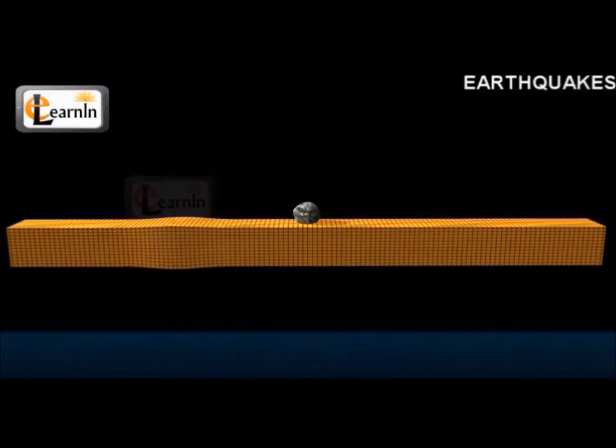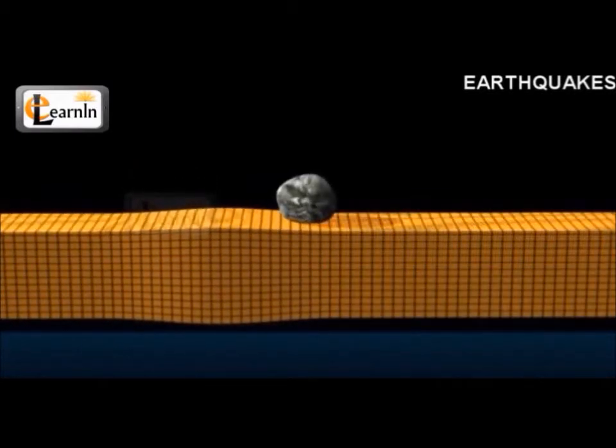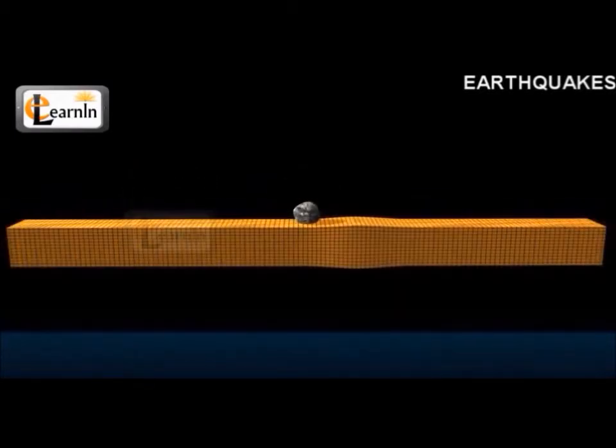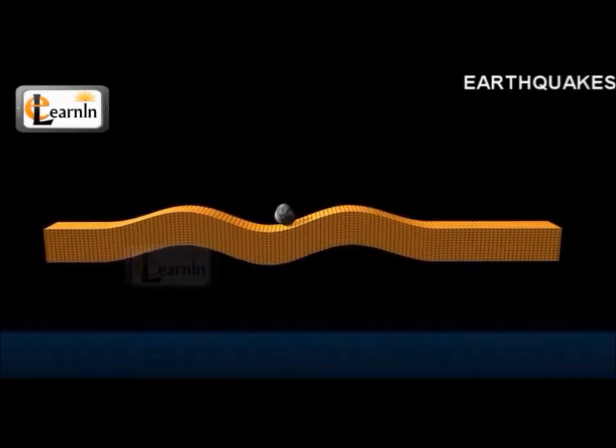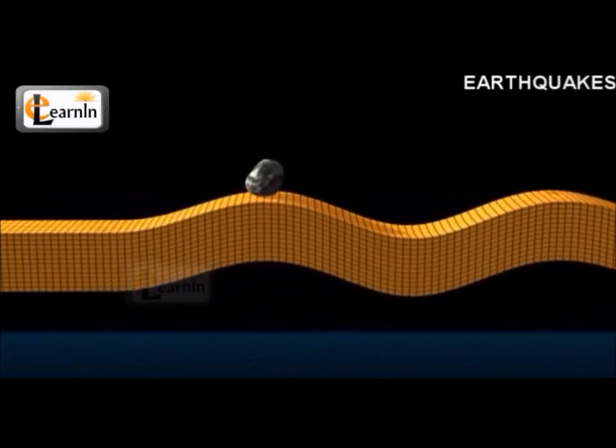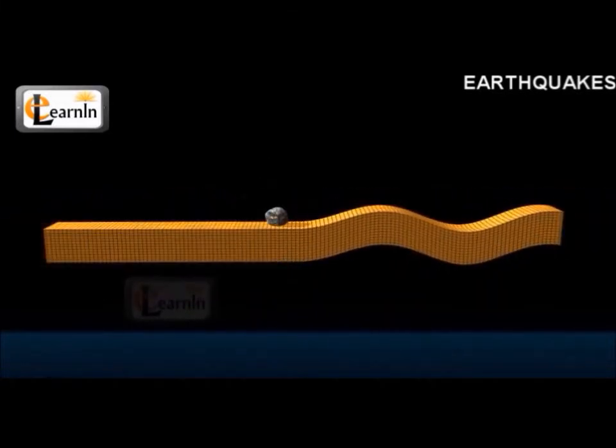Primary waves cause the particles of rock to vibrate forwards and backwards in the direction of the waves. Secondary waves, on the other hand, cause the particles to oscillate at right angles to the direction of the waves.